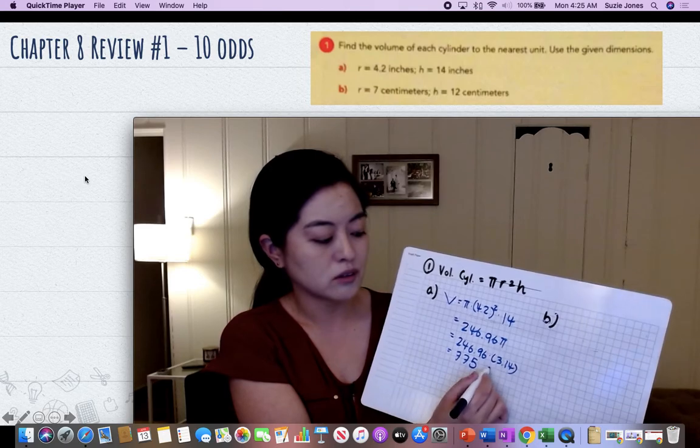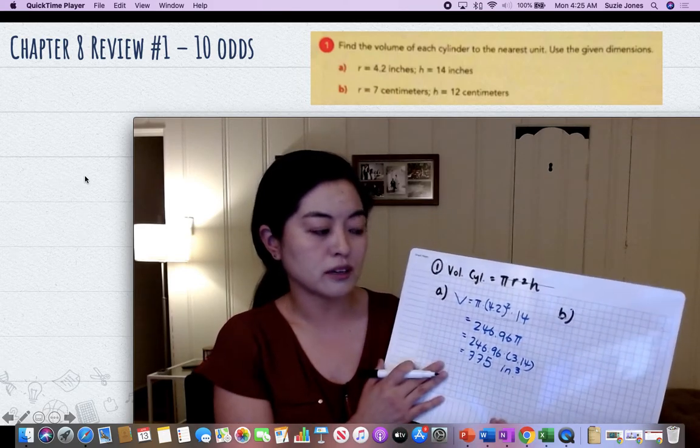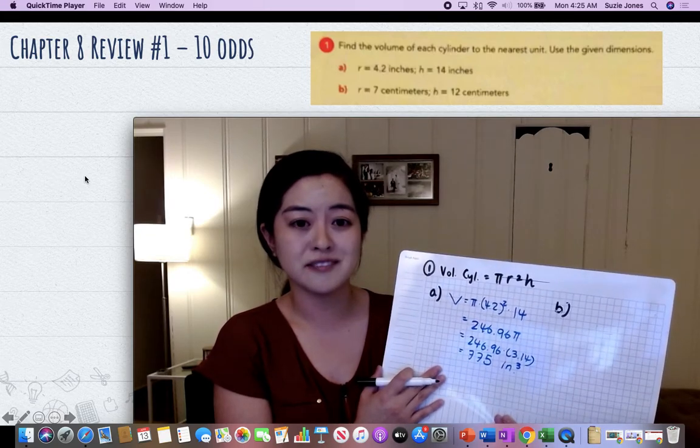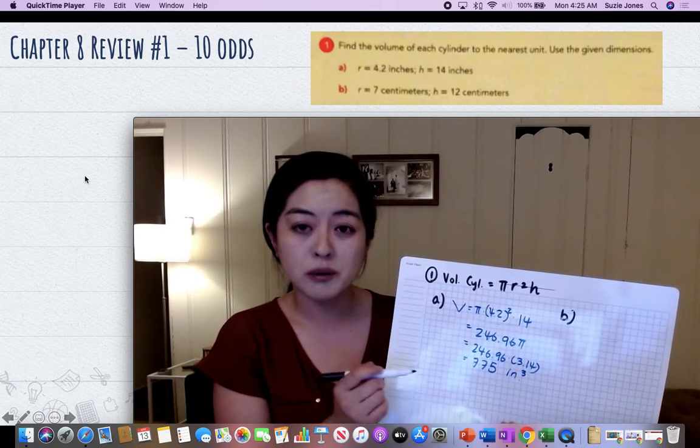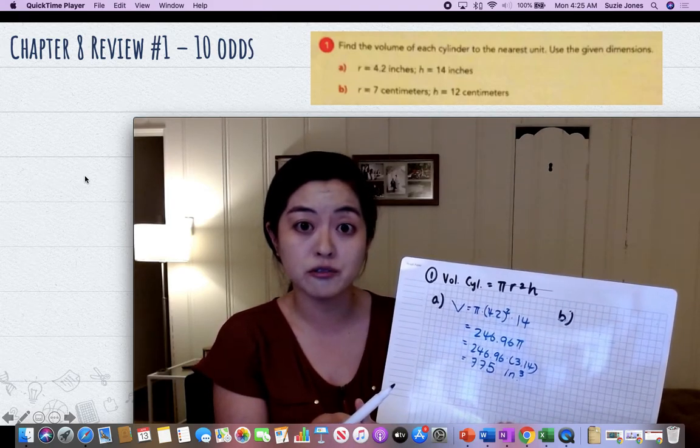Okay, so it'll be 775 cubic inches. All right. Now for part B, it gives you a different value for R and a different value for H.